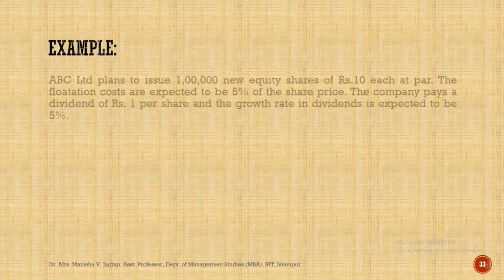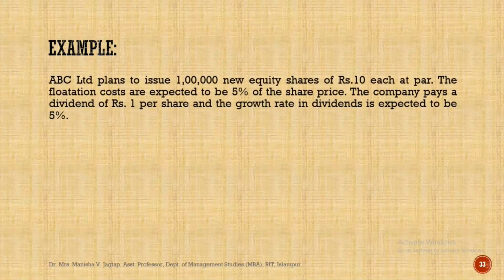So let us see an example concerned with calculation of cost of equity capital. ABC Limited plans to issue 1 lakh new equity shares of rupees 10 each at par.